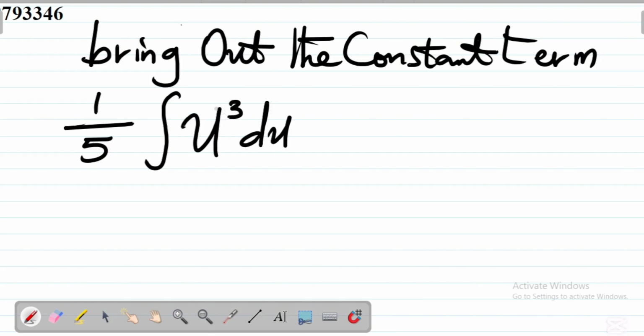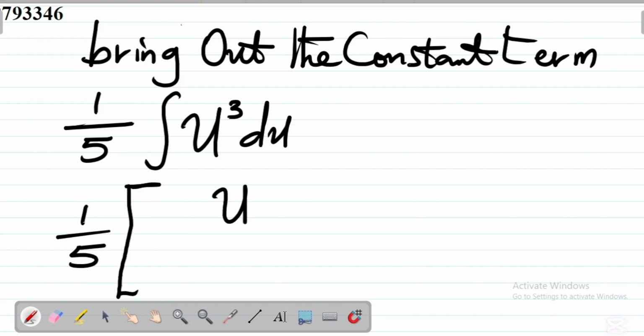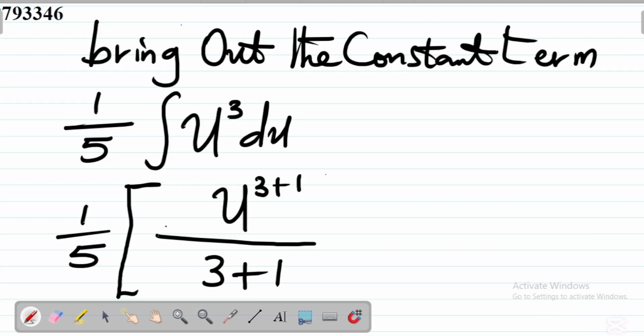And if you integrate u raised to the power 3, you would have 1 all over 5 open bracket u raised to the power 3 plus 1 all over 3 plus 1, and then a close bracket.